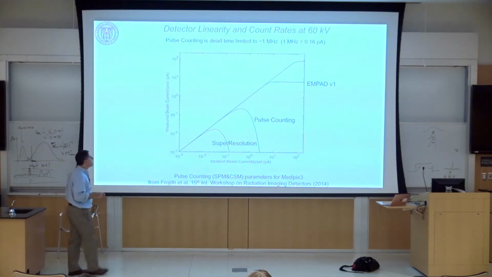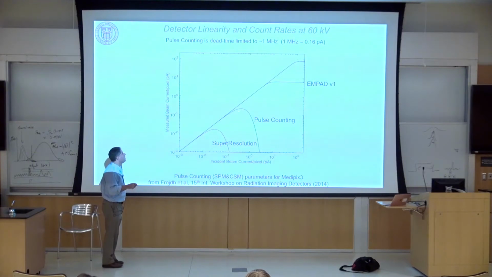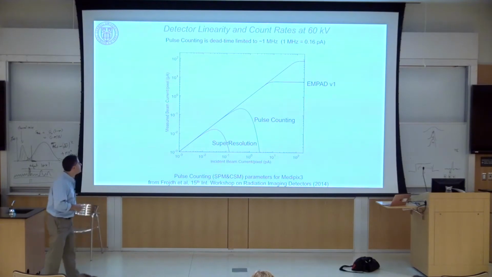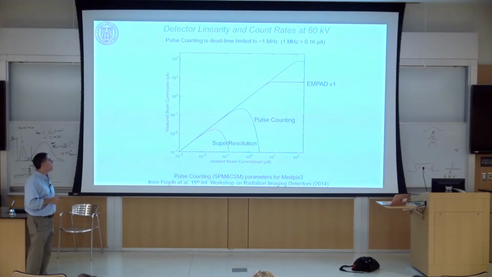The other issue is that the detector goes nonlinear, not at this peak megahertz value, which is over here, by the way. The nonlinearity is at about 10% of that level, so it's down about there. So if I want a linear detector and I'm doing pulse counting, I can't have more than 0.016 picoamps per pixel.